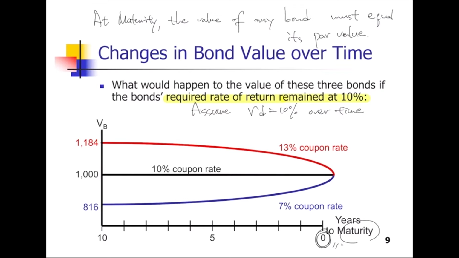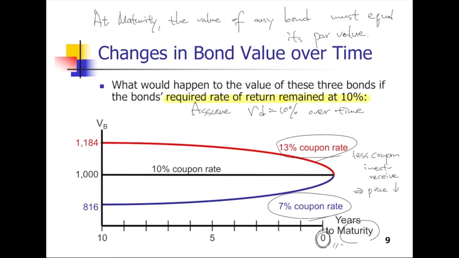As you can see, the premium bond decreases over time. Why? Because the fewer coupons the investor receives, the lower the price of the bond goes. What about the discount bond?